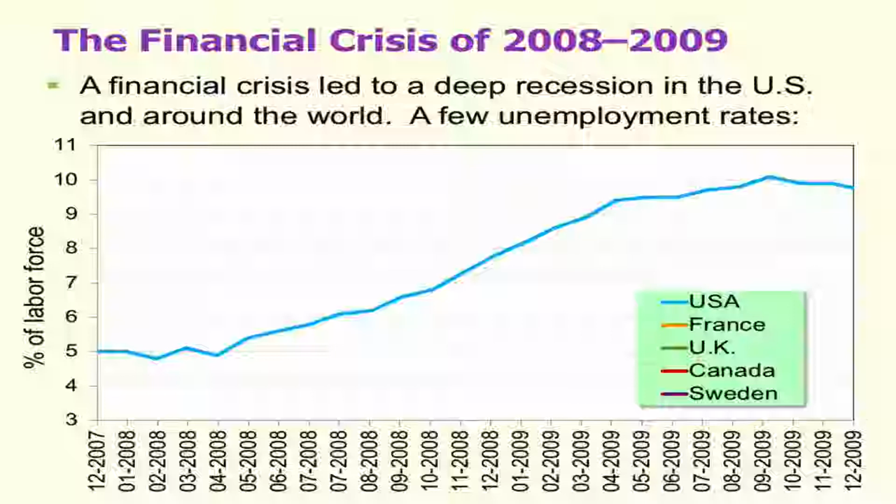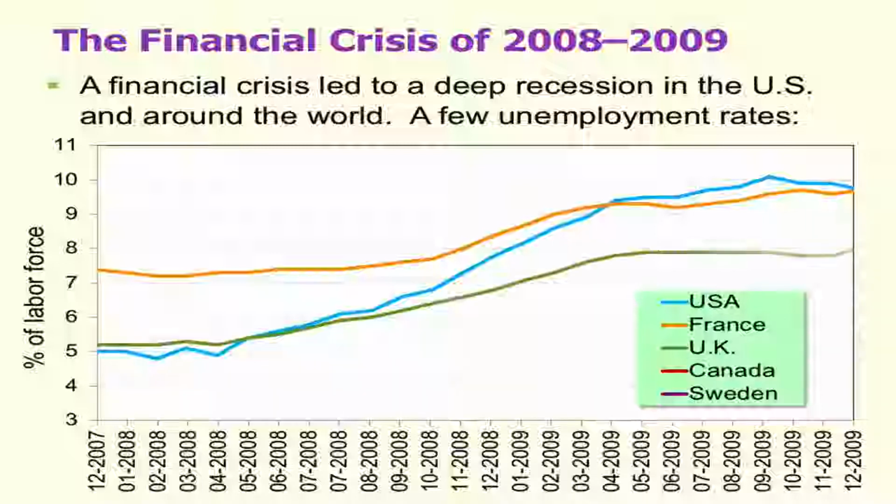So this is a period of 2 years, basically, and the unemployment rates. The unemployment rate in the United States doubled in that 2-year period. That is very significant growth in unemployment. It is bad. France's was already high, it got higher.